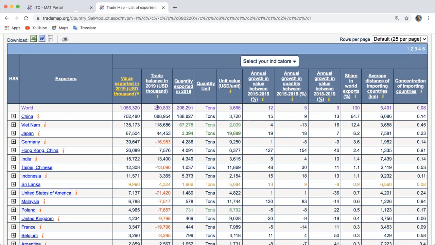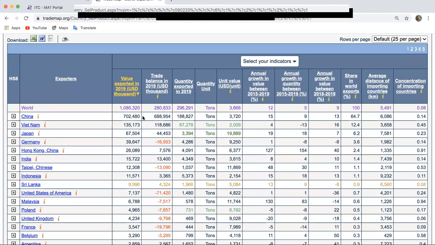The second row is the trade balance. So this shows you whether a specific country is importing or exporting more of a product. For example, here, the trade balance is calculated by exports minus imports. So China exported 702,480,000.